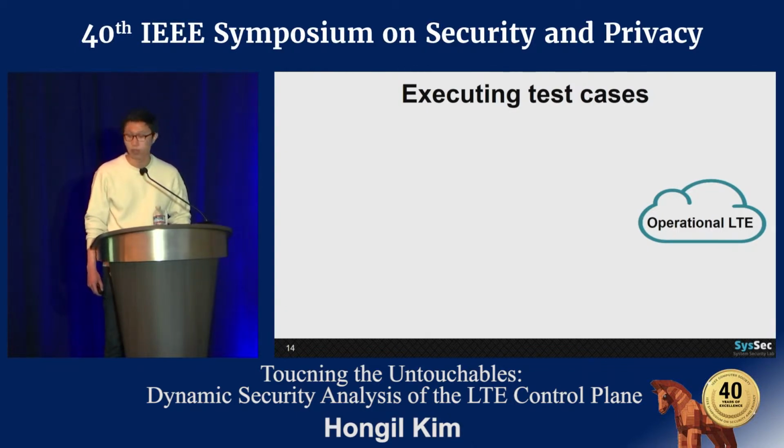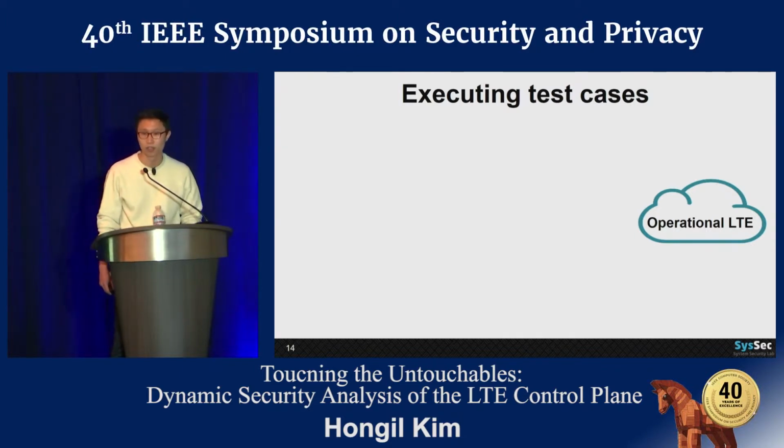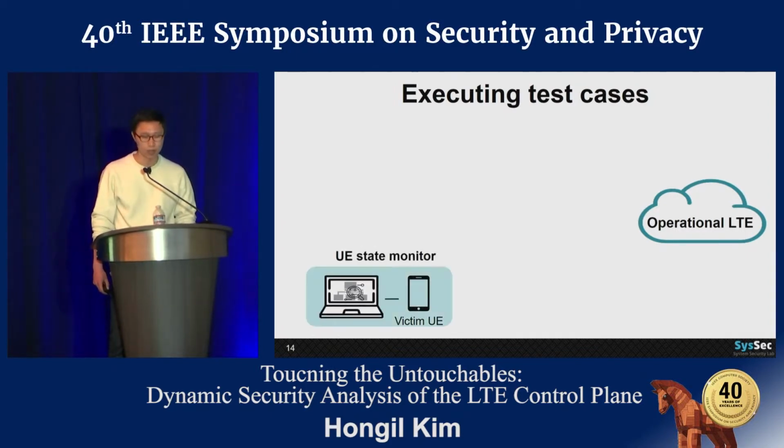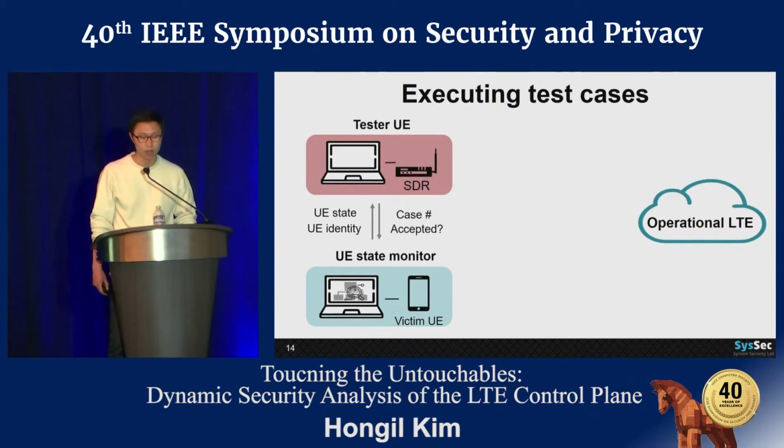After we generate test cases, we have to test each case. First, the victim UE is normally registered to the LTE network. Then we implemented a UE state monitor to analyze control plane traffic and the UE state changes in the victim UE. At the same time, the tester UE sends test cases one by one, as if it is the victim UE, using the victim UE's identity.